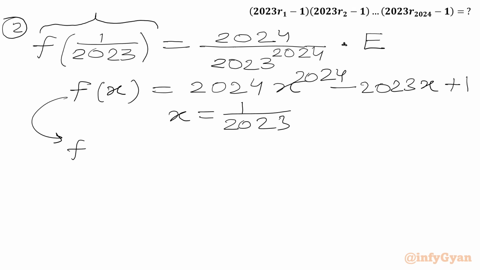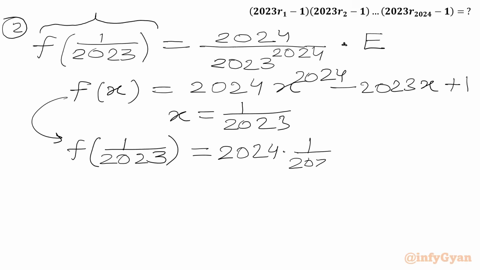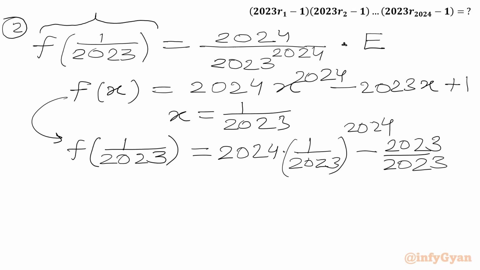So f(1 over 2023) will be equal to 2024 times 1 over 2023 with whole power 2024, minus 2023 times x, which is 1 over 2023, so 2023 in the denominator, plus 1.